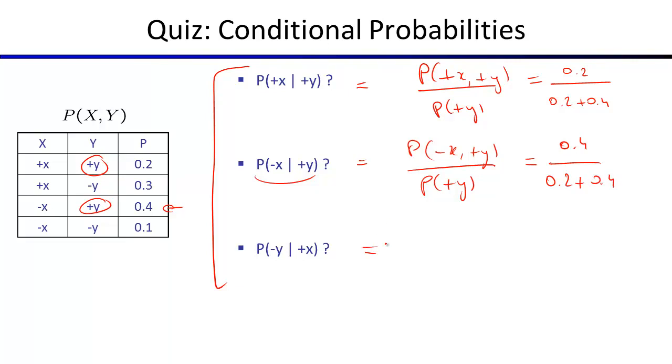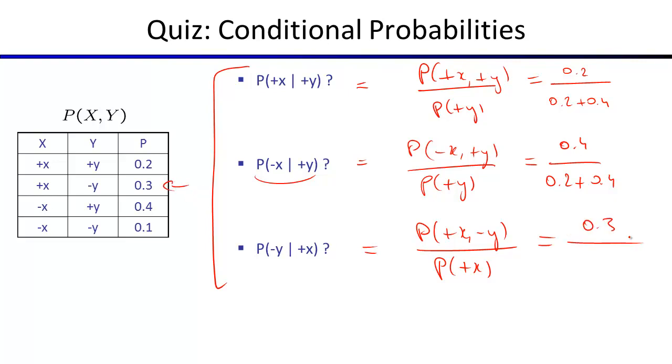And the conditional for negative y given plus x is the joint between plus x and negative y, divided by the marginal for plus x. The joint for plus x and negative y is over here, 0.3. And then the marginal for x, all rows with plus x here, is 0.2 plus 0.3.